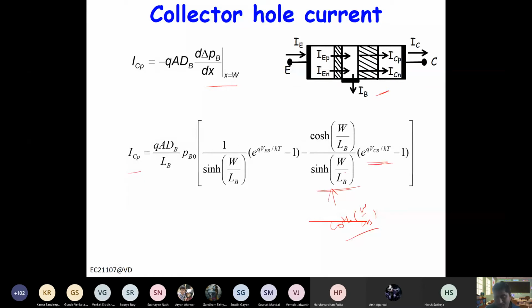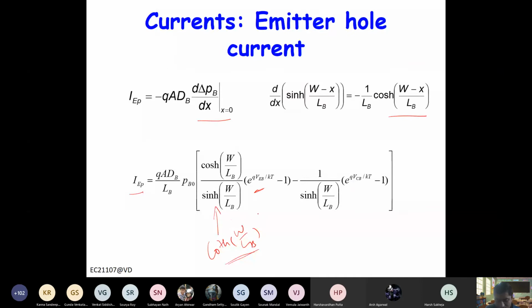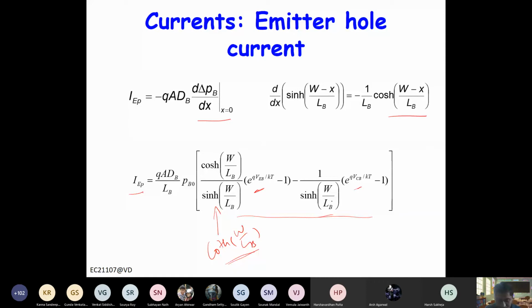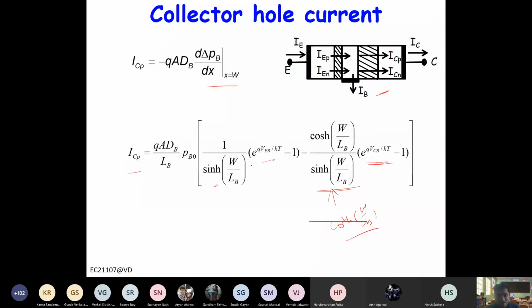So the term is very much symmetric. If you remember one, you can remember the second one. So for IEP, coth, it will be 1 by sinh with respect to VCB. So ICP will be 1 by sinh, right, with respect to VEB. So it is kind of reciprocal basically.